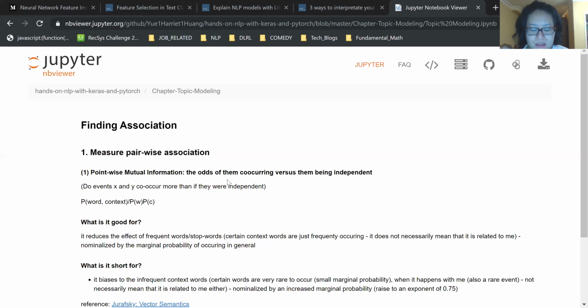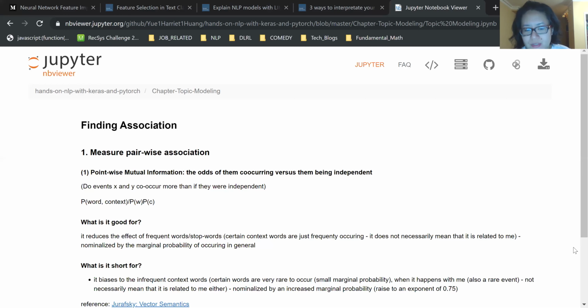So this metric is actually measuring the frequency of items occurring together, basically the frequency of co-occurrence over marginal occurrence. But the benefit of using the odds ratio instead of just purely measuring the frequency of co-occurrence is, what is this PMI good for?